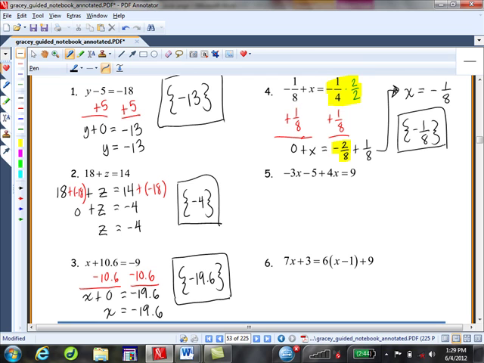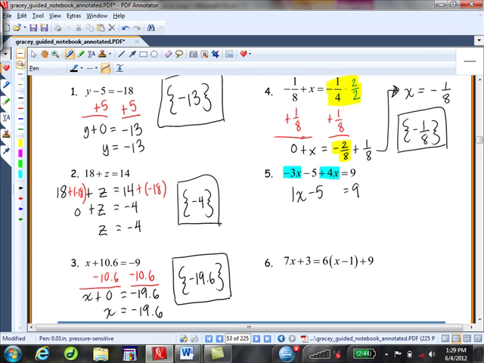Now we have a few things going on in number 5. We need to combine like terms. Do you see that the negative 3x and the positive 4x are like terms? So let's take care of that first of all. Do you see that's going to give us 1x minus 5 is equal to 9?